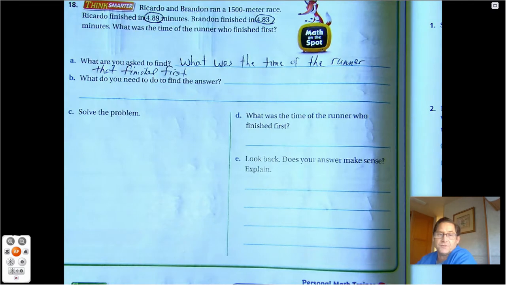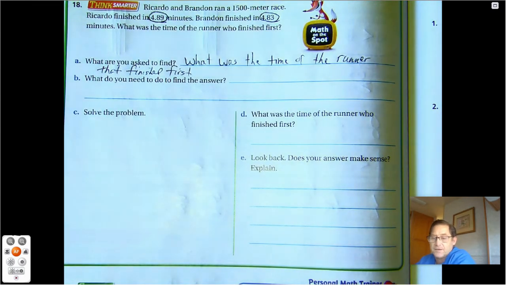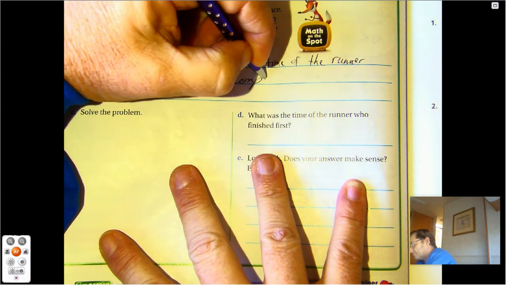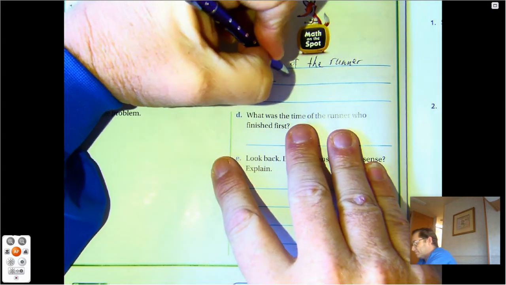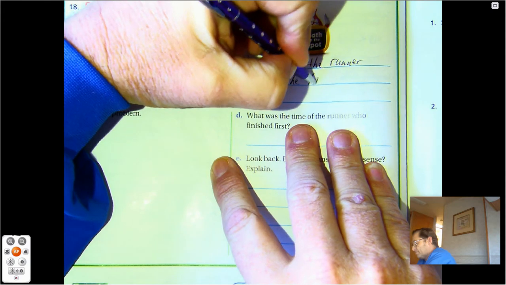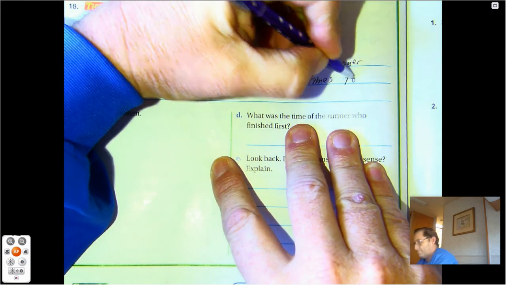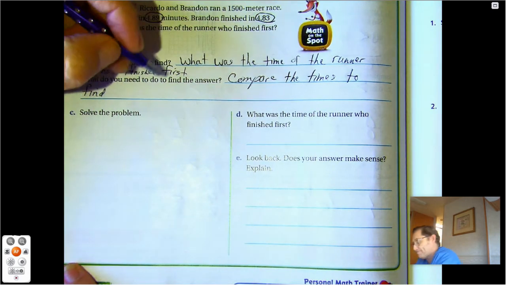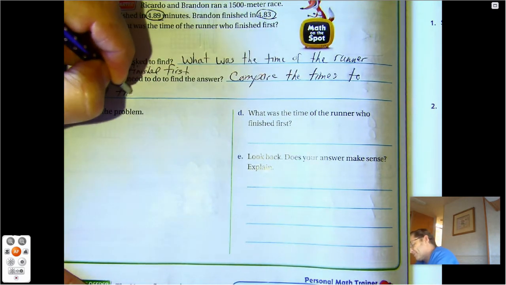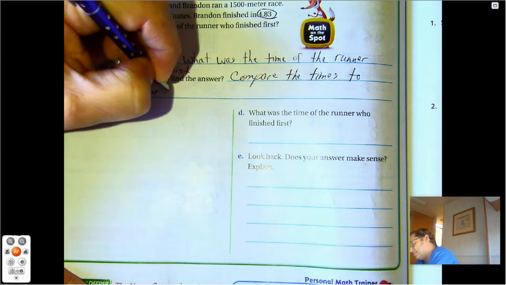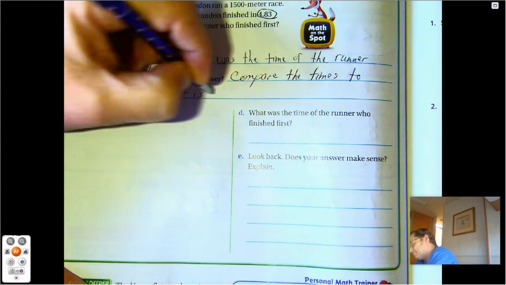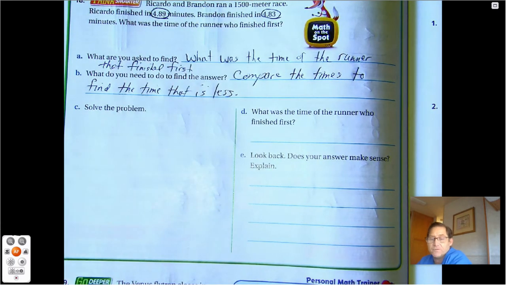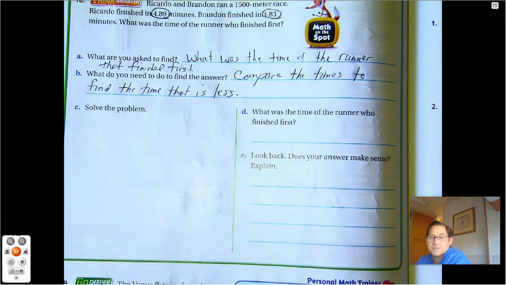What do you need to do to find the answer? We're going to compare to find the time that is less. Remember, this is a race, so we don't want to have the longest time. We want to have the fastest time, the shortest amount.